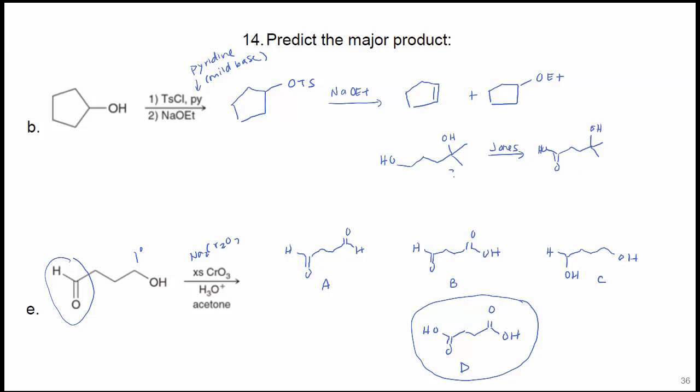So the tertiary alcohol gets left alone. But the primary will get oxidized all the way to the carboxylic acid. As long as there's a hydrogen present on that carbon next to the oxygen, that's going to go to the carboxylic acid. But on this particular tertiary alcohol, there's no hydrogens there, so that one does not get oxidized.